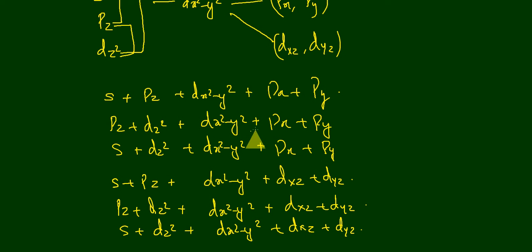For example, if you are considering the first one, this is 1 s orbital plus 3 p orbitals plus 1 d orbital. So this can be dsp3 hybridization, right? dsp3 hybridization, or it can be sp3d hybridization also. The difference here is that in the dsp3 hybridization, the d orbital comes from the inner shell. Here the d orbital comes from the outer shell. That's the difference, okay.